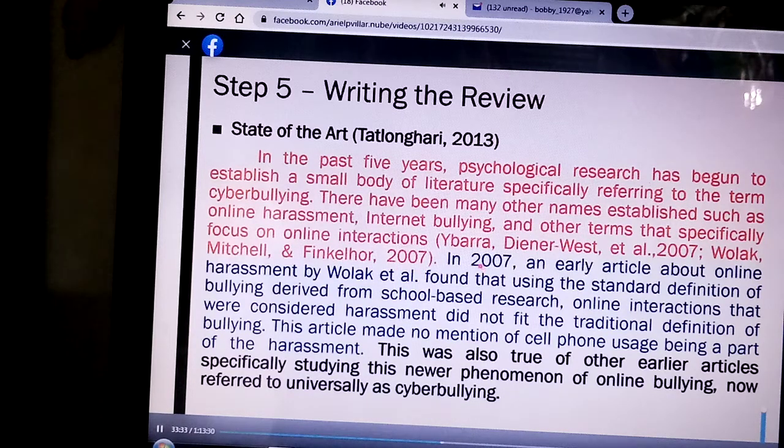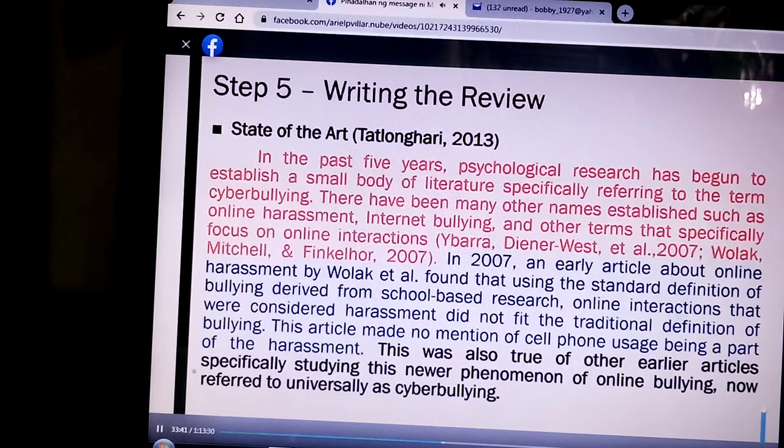In blue, in the same paragraph, meron din siyang ideas coming from Wallach et al. Okay? And then yung color black po, ito po ay commentary nyo po. So it means that yung red may pinanggaling ng ibang source, yung blue, other sources, and you discuss them, you try to fuse the connection of their ideas into one paragraph. Ito po yung pinaka-the best example ng tamang paggawa ng paragraph in review of related literature.